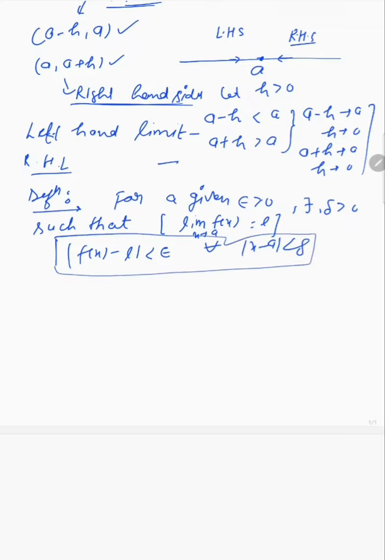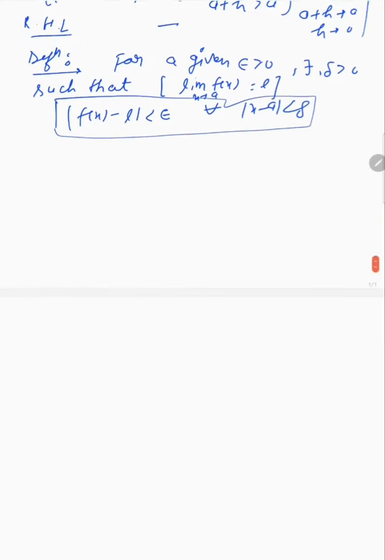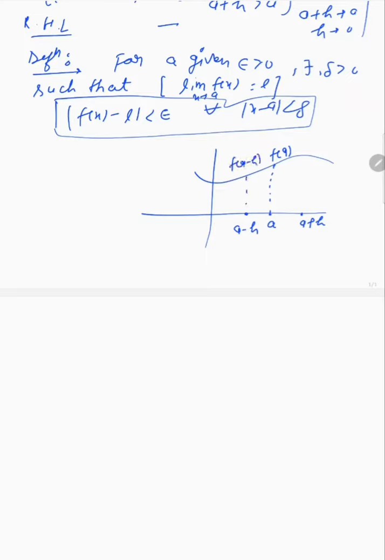The meaning of the definition is that if we take the point a and take the graph of the function as follows, this point will be f of a, and let's say here is a minus h and here is a plus h, with values f of a minus h and f of a plus h.